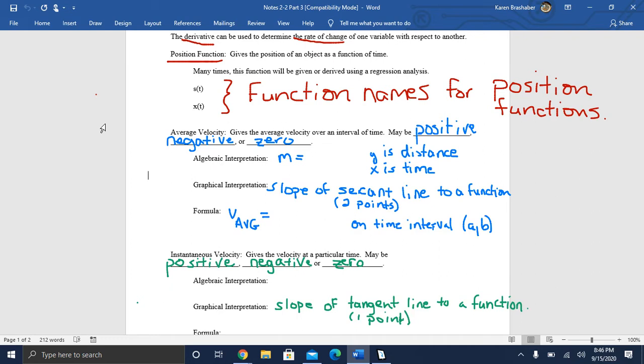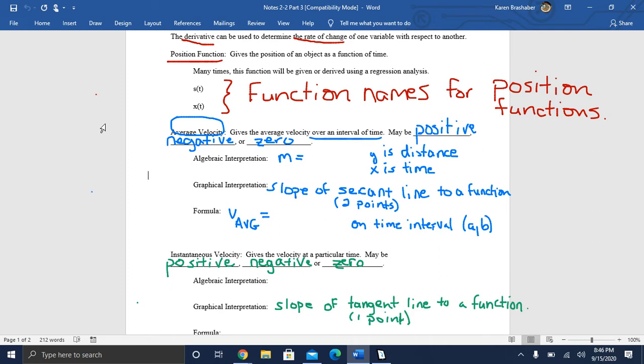And we're going to look at two types of velocities that we can work with when we know a position function. So the first type of velocity is average velocity. Now, average velocity is more algebraic in nature because it's a velocity that is taken over an interval of time.